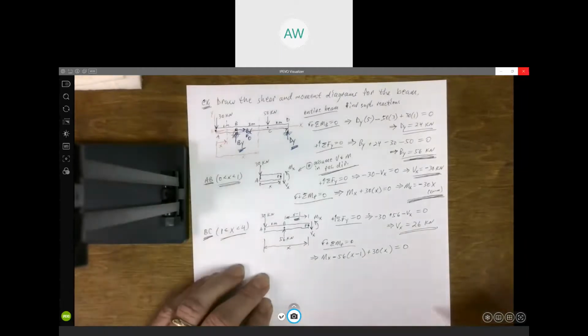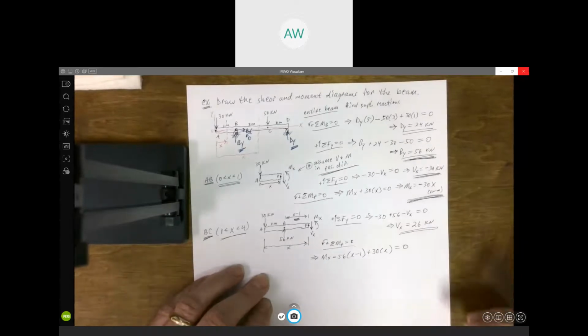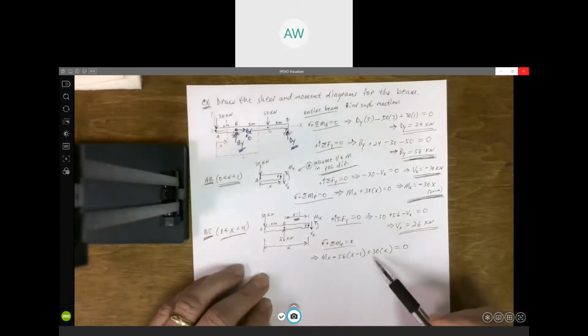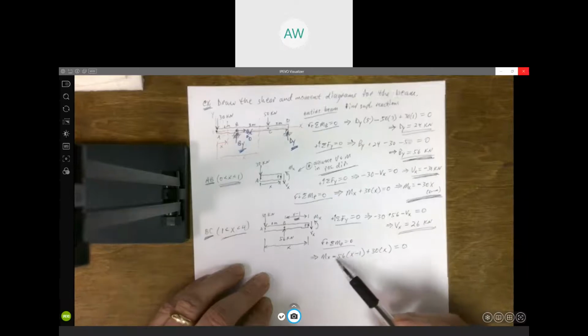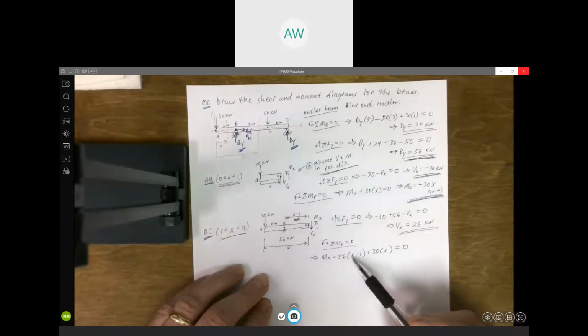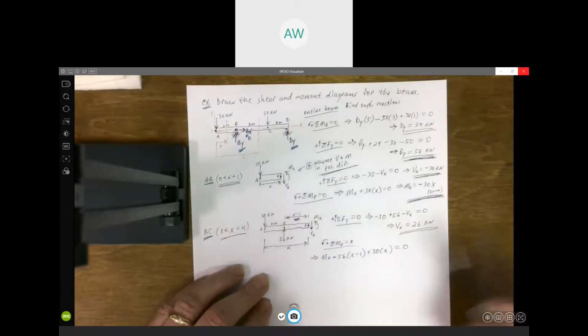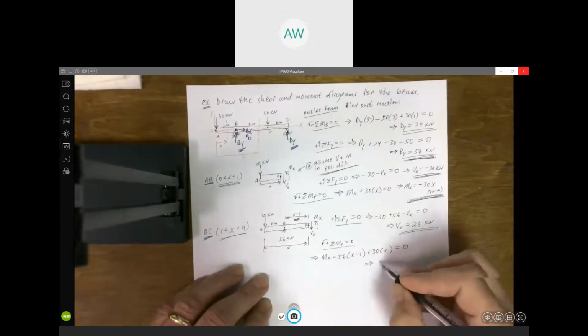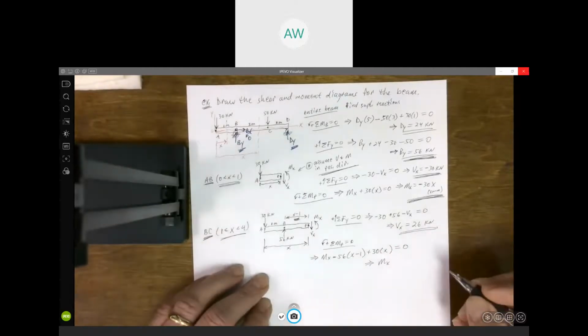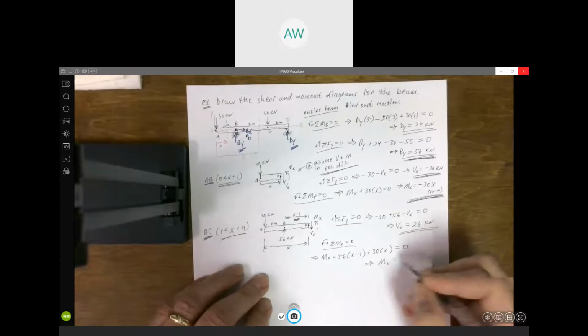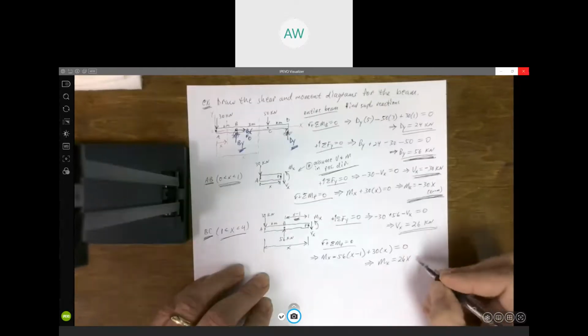To save time and get through this quicker, I'm going to skip going through all the algebra. You multiply this out, you get minus 56x plus 56, and then combine like terms. I got Mx was 26x minus 56.